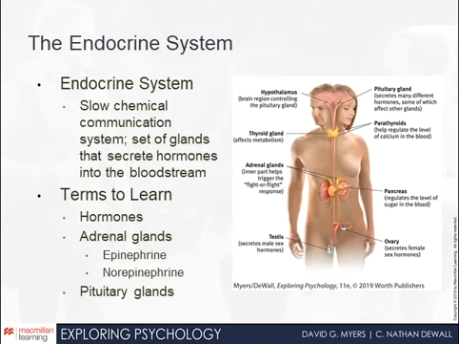So we have all of these glands located throughout parts of the body, and they secrete these hormones that travel through the blood to cause certain effects in the body that will help allow us to live, allow us to metabolize things, allow us to function more properly. And of course, when there are issues with these glands and the hormones they produce, it can cause some diseases and disorders.